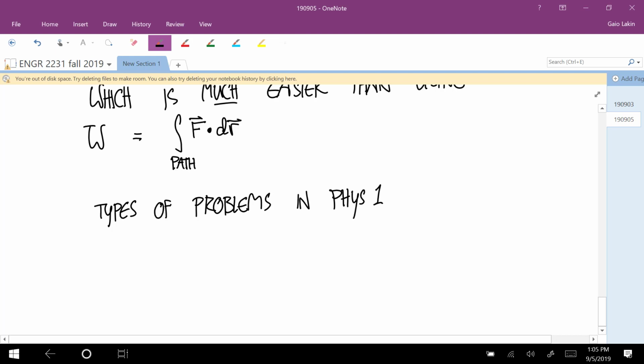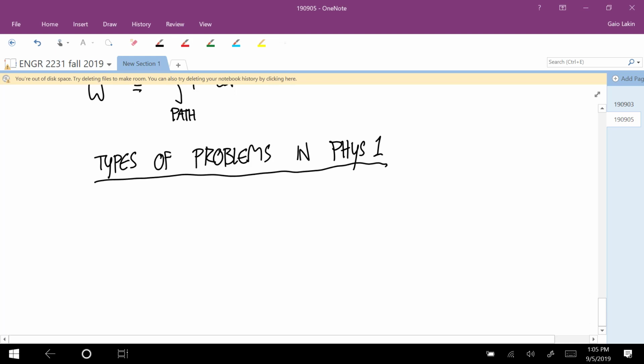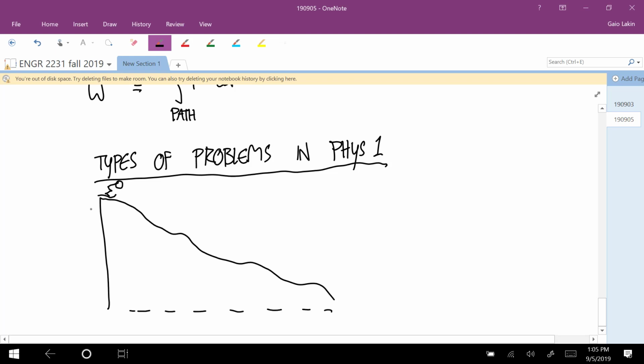This is probably like the first problem you did. I know you did problems a lot harder than this, but if you have a skier who's at the top of a hill, so here's a skier at the top of a hill, let's say it's 5 meters high.